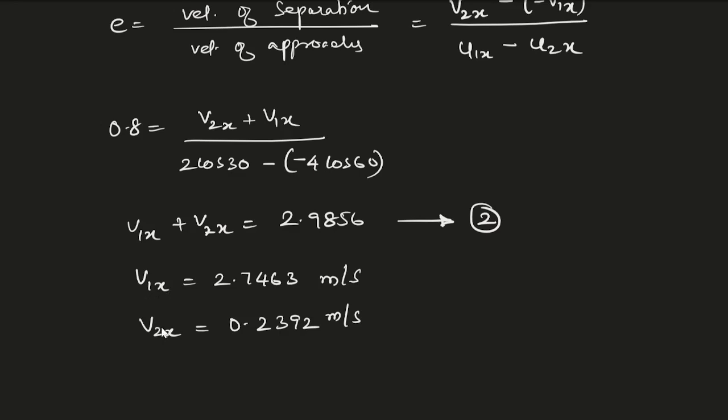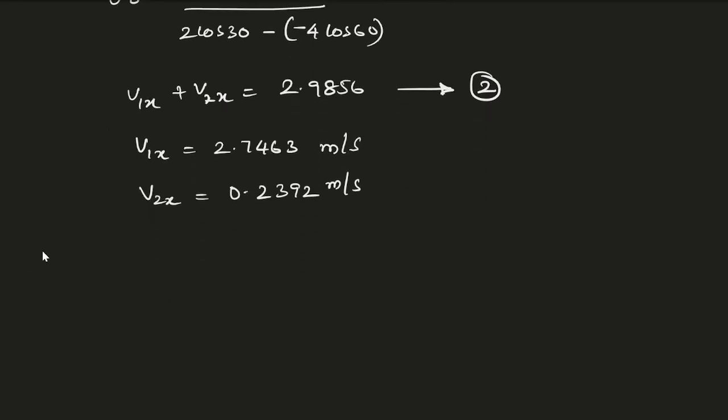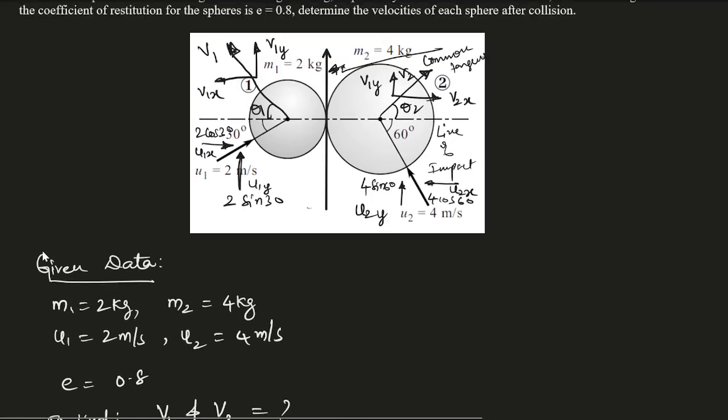Now we have to find v1y and v2y. So how are we going to find them? Because here the impact is happening in the horizontal direction, not in the vertical direction. Whenever we have an impact in the horizontal direction, the vertical components of the initial velocities will be equal to the vertical components of the final velocities. That means the velocities are conserved in the vertical direction, or the common tangent direction.